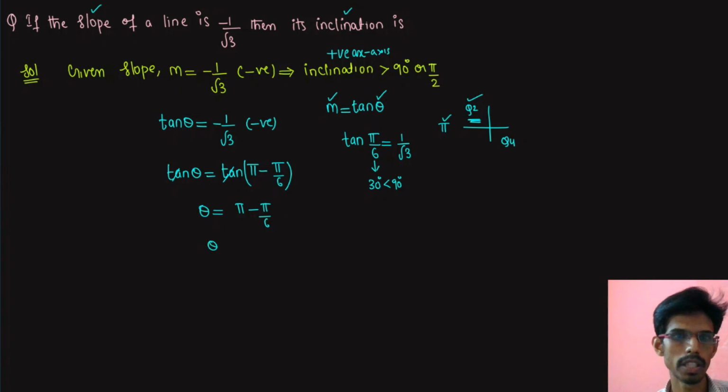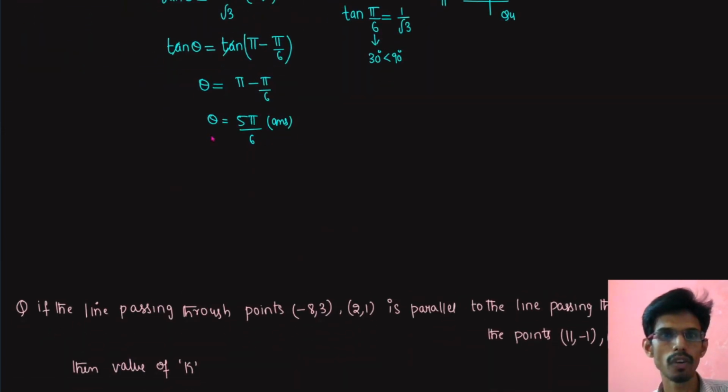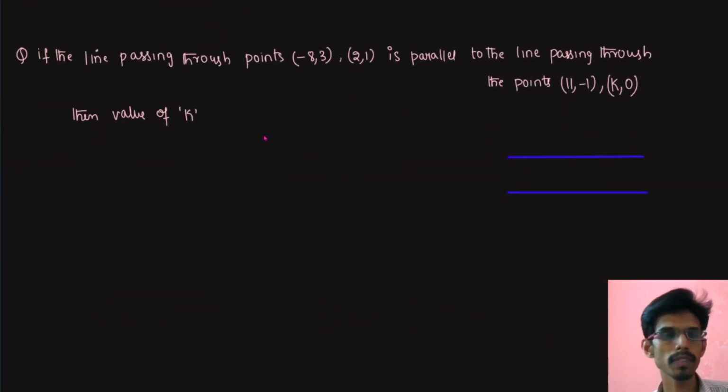Then only it will be in the second quadrant, which means less than pi. So theta is pi minus pi by 6, that is 6 pi minus pi, which is 5 pi by 6. It is more than 90 degrees, right? Therefore the answer is 5 pi by 6.